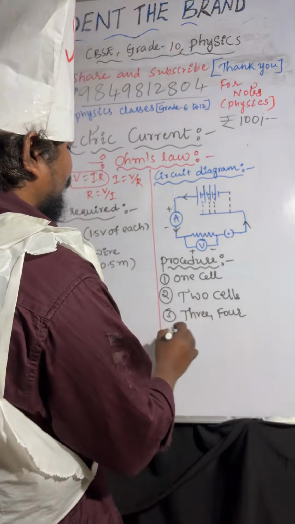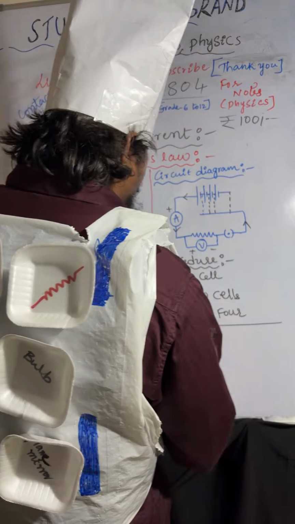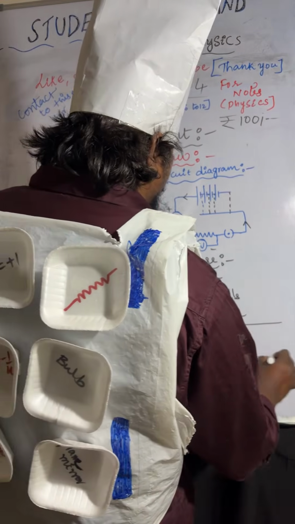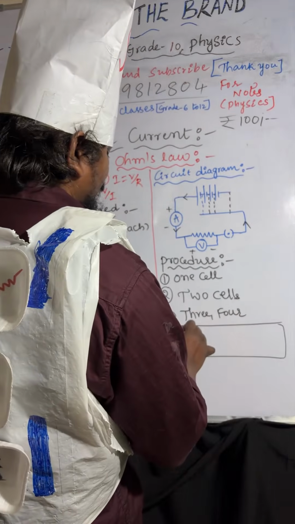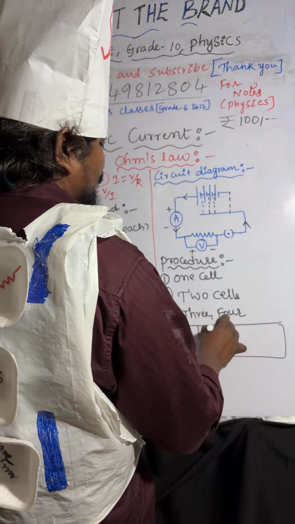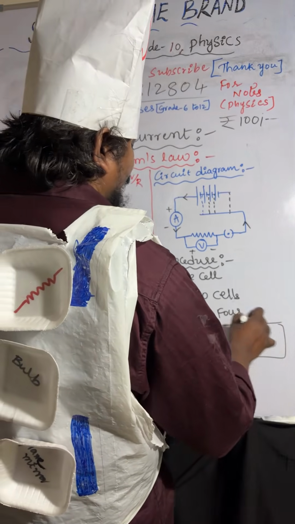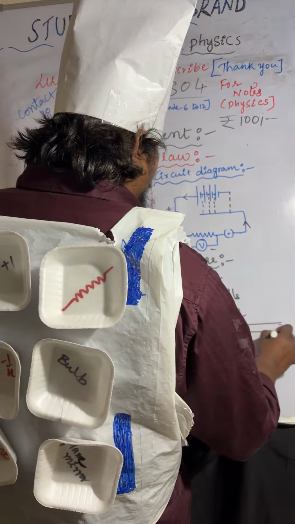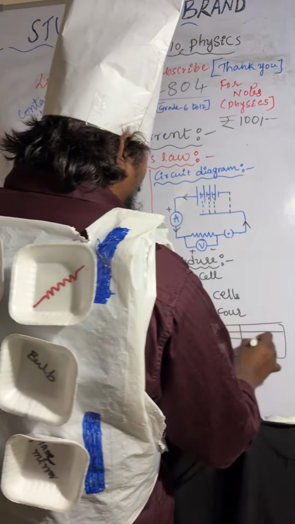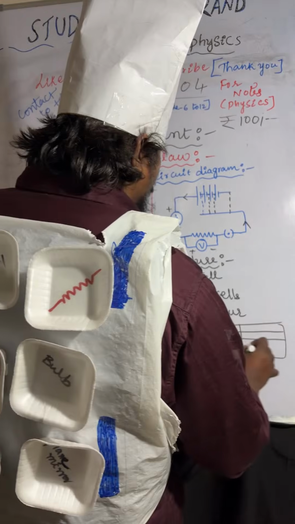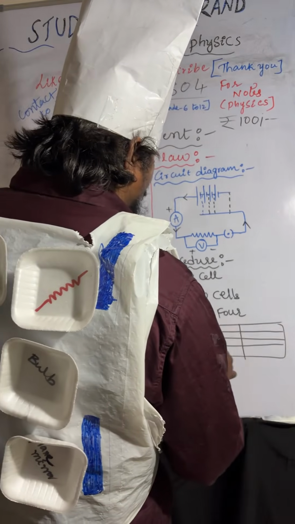And mention it in the tabular form given below. So this is the tabular column: serial number of cells, ammeter reading, voltmeter reading, V by I form. Serial number 1, 2, 3 and 4.